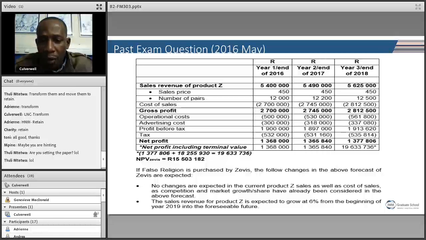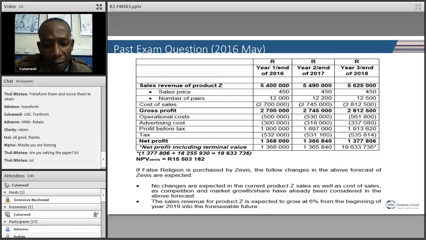So if you look at that net profit including terminal value, your figures of net profit dropped exactly as is for year 2016, even for year 2017, but it's not the case for year 2018 because of the terminal value, which we are going to do the calculation on when we start to respond to our question.